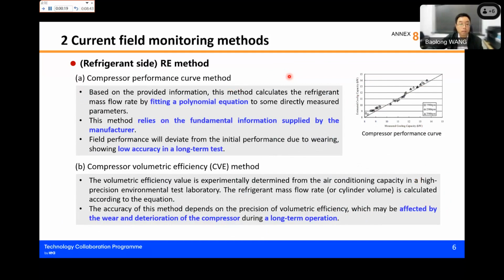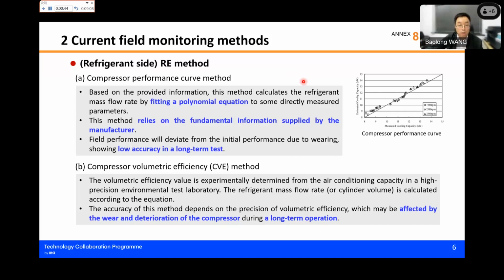We call that the RE method. There are several kinds of RE methods. The first one is the compressor performance curve method. What's that? If you sell a compressor or a heat pump, the performance of the compressor can be provided by the manufacturer.